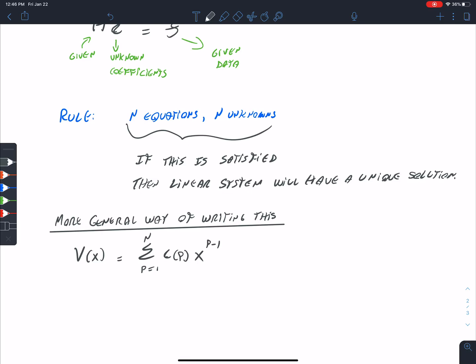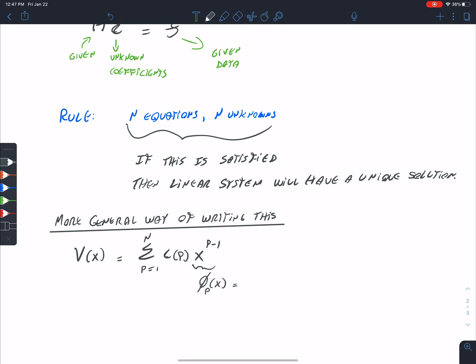So here we have it. And we would like now to rewrite this in a slightly different way. I'm going to make the following substitution. I'm going to call this piece something else. I'll call it phi as a function of x with some subscript p.